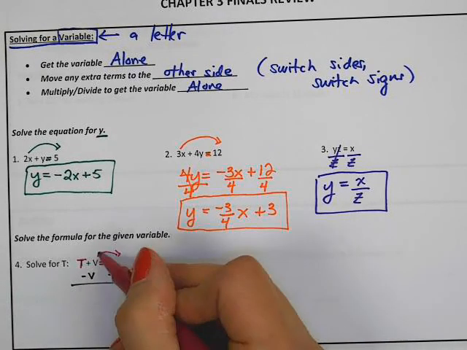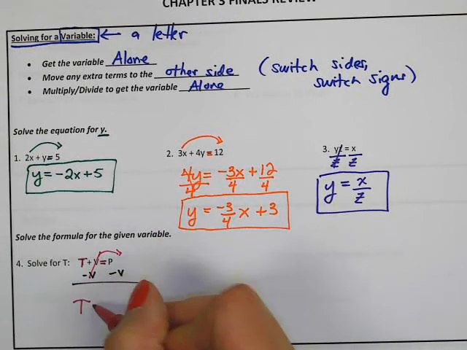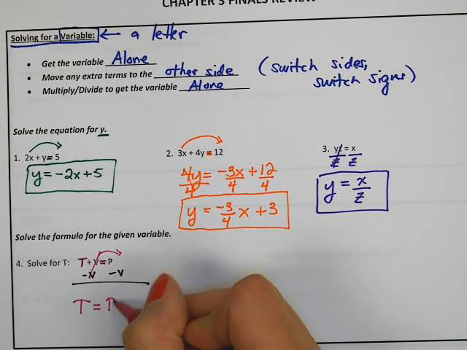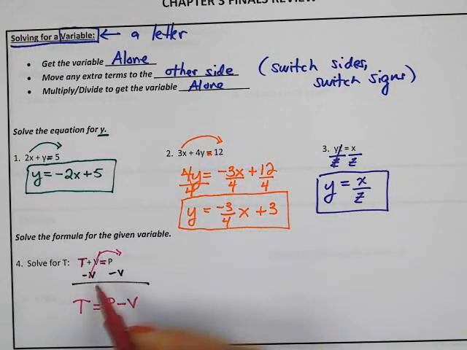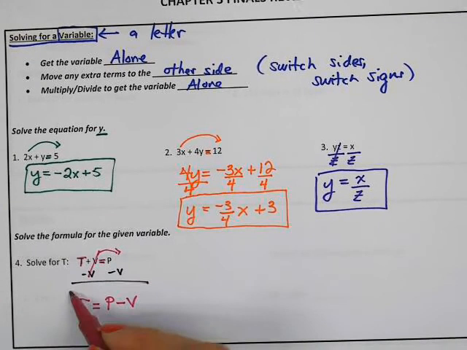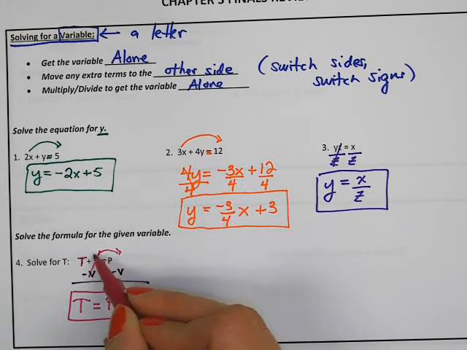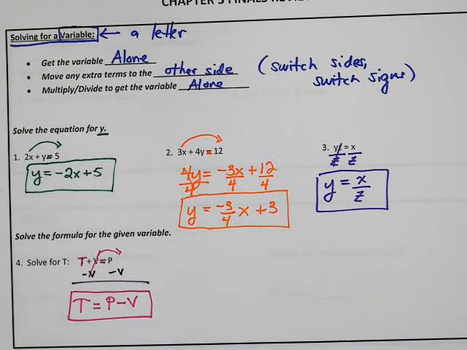Okay, those are going to cancel out, and t is equal to p minus v. So if you like to subtract from both sides, that's the same as just switching sides and switching signs. Okay, that's one of the things that we learned in Chapter 3.